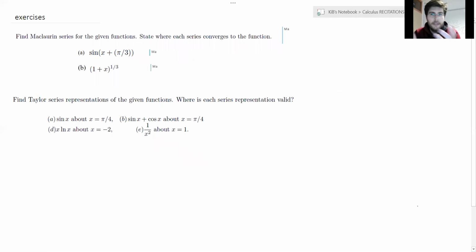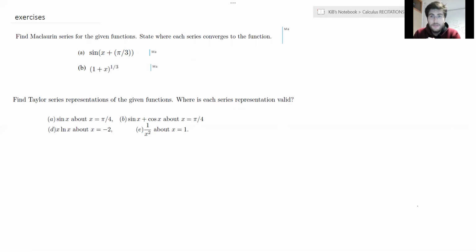Fine, so finally, exercises. By using the same ideas, you can compute the Maclaurin series for the given functions in the first problem. And in the second problem, even if it says Taylor series, by using a change of parameter, the question turns out to be a question about Maclaurin series.